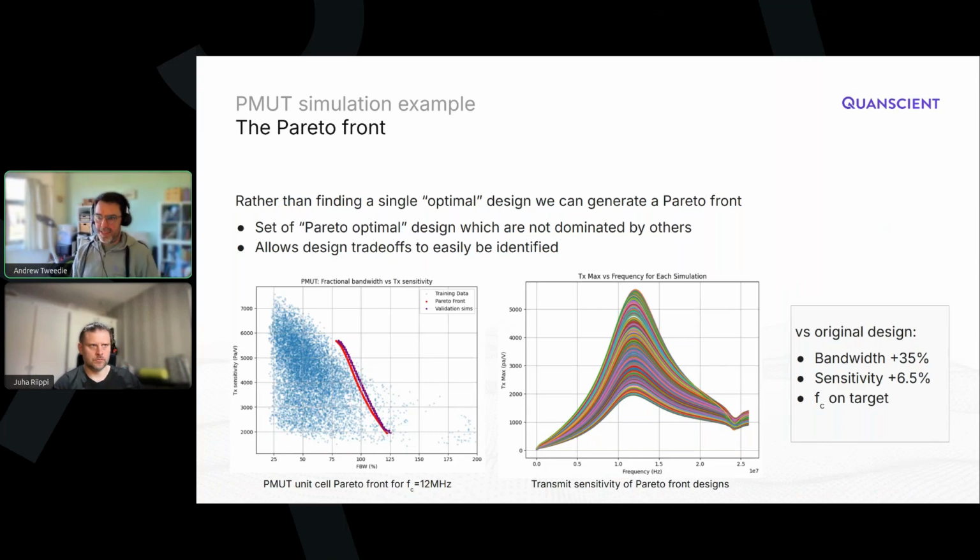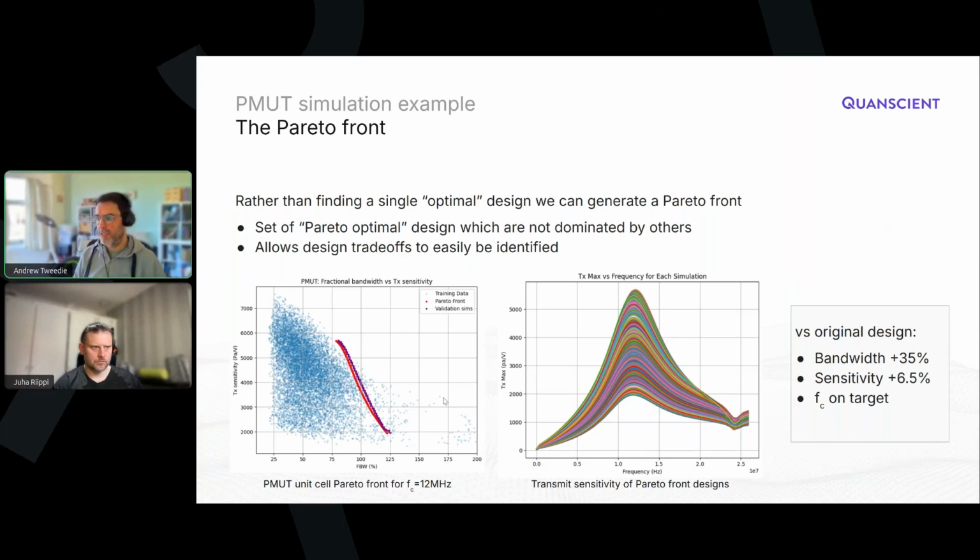So this set of optimal designs is often referred to as a Pareto front. That set represents Pareto optimal designs where essentially each design cannot be improved any further without trading off one of the design objectives.